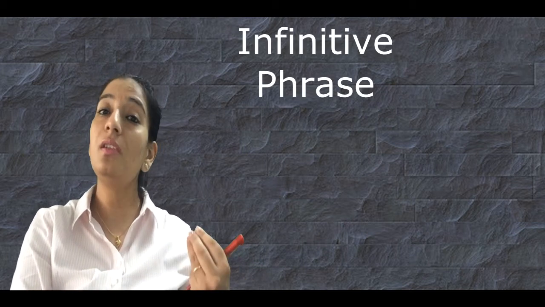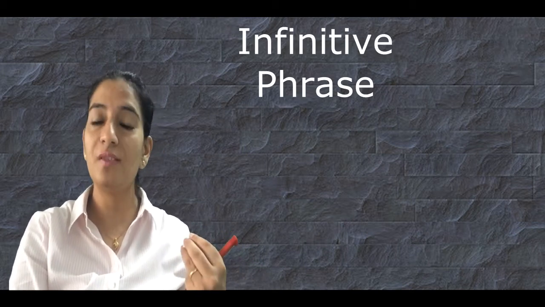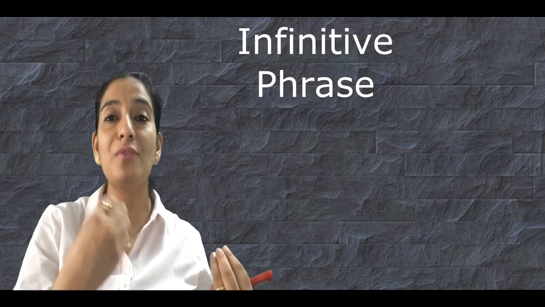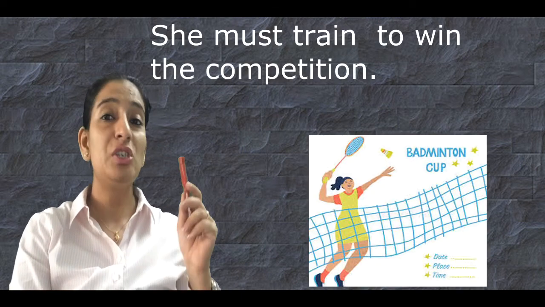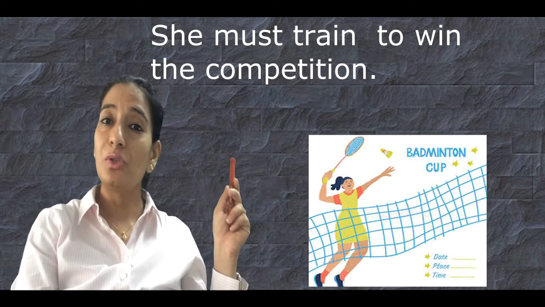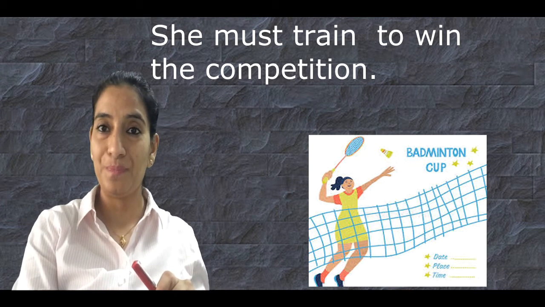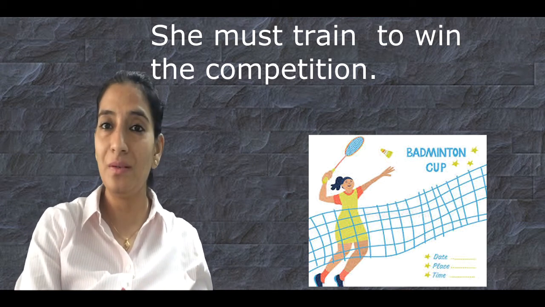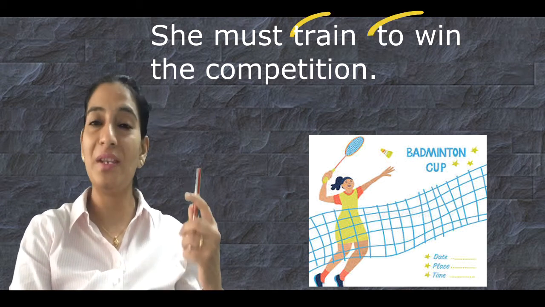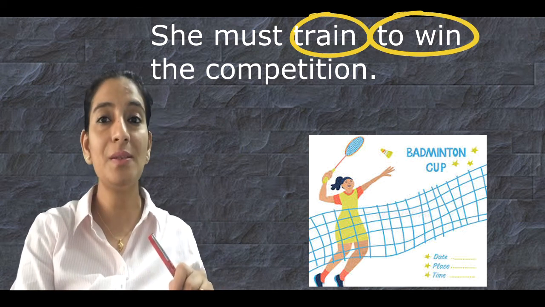So far we have learned how we can transform a gerund phrase into a clause. Now we are going to learn how we can transform an infinitive phrase into an independent clause so that we can form a compound sentence. Suppose we have a simple sentence like this. She must train to win the competition. Now what we have to do here, same way, we have to identify the two verbs in the sentence.